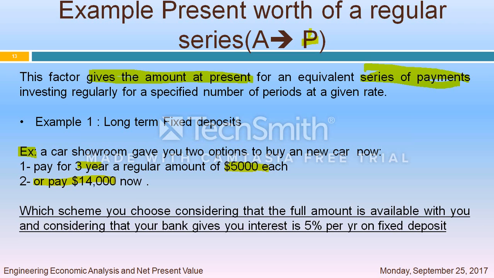Usually, let's assume that the money is available with you. Because, you know, some people will say to me, I cannot pay the 14,000 today, so for sure I'll go for the payment of 5,000 yearly. No, we will say that in this example the money is available in your pocket and you have the 2 options, either pay 5,000 over 3 years, which is going to collect 15,000.